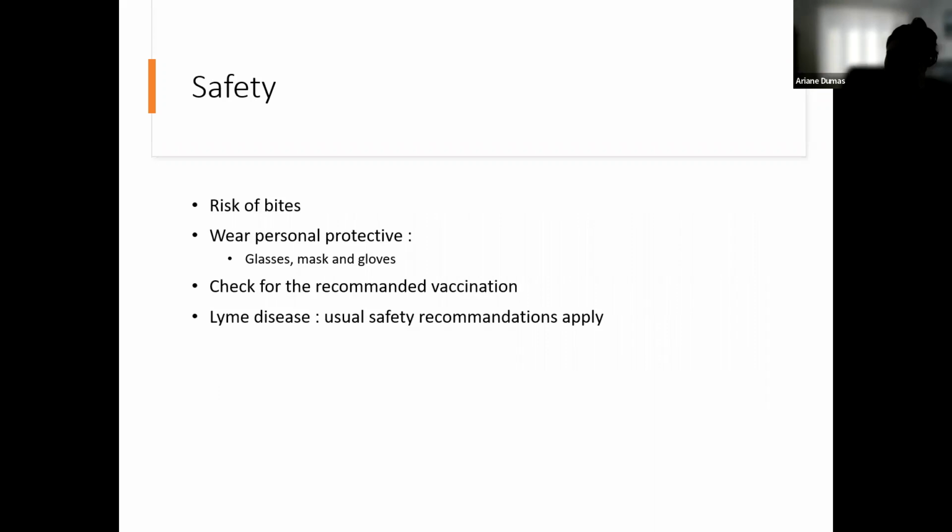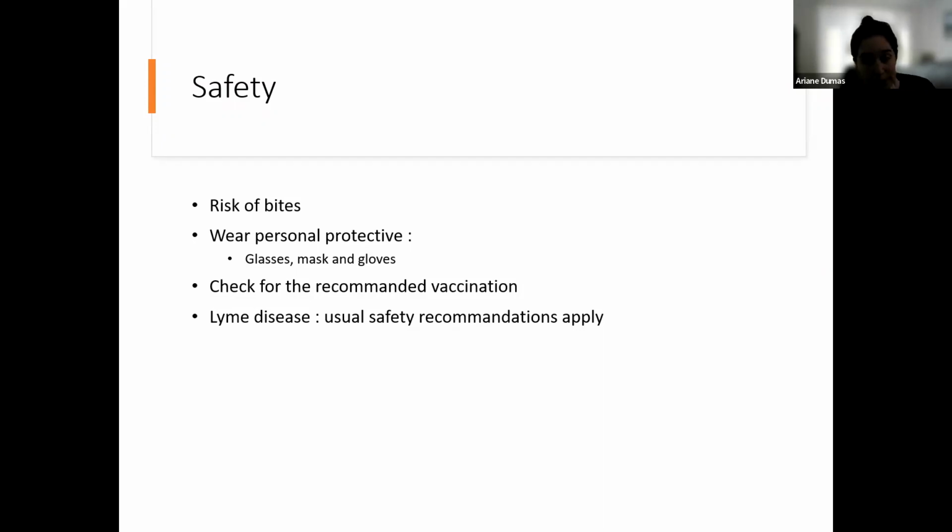Finally, just a quick word on safety aspects. If you are working with wild animals, of course, there are certain risks. There are risks of bites and of transmission of pathogens. So it's important to always be vigilant about that, to protect yourself with personal protective equipment, at least goggles, mask, and gloves.